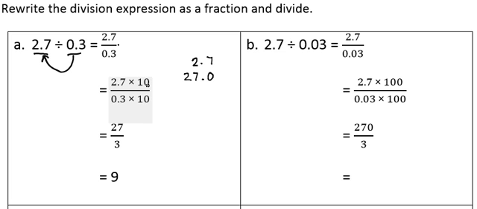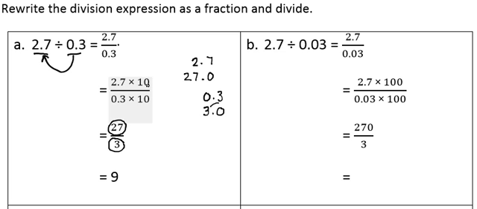That's why when we multiply 2 7/10 by 10, we get 27. If I take 3/10 and multiply it by 10, again, the digits will move one place value to the left. So the 3 ends up in the ones place, and I don't have any decimals. So that's why my denominator is 3.